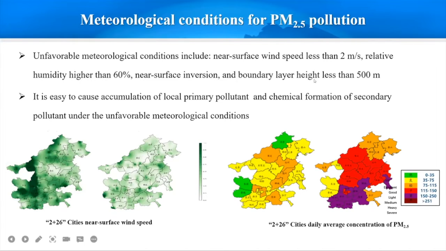So these are the major meteorological conditions unfavorable for PM2.5 pollution. That means it is easy to cause accumulation of local primary pollutants, and also to cause the chemical formation of secondary pollutants, for example, nitrate, sulfate, and organic compounds.